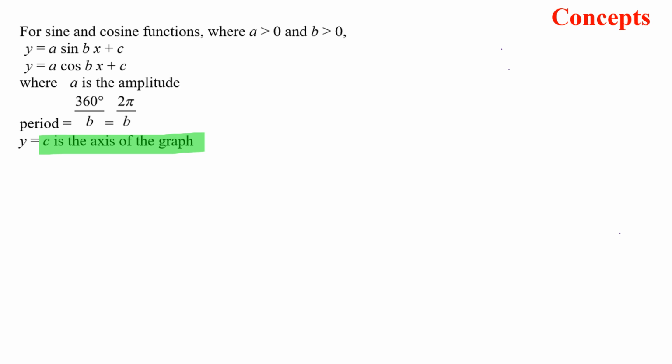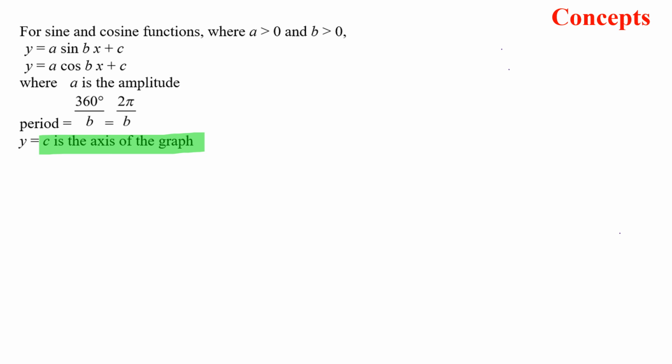In the straight line graph, the c represents the y-intercept. Here the c represents the axis of the graph. So do not confuse yourself with the letter c, it has a different meaning when used in different situations.